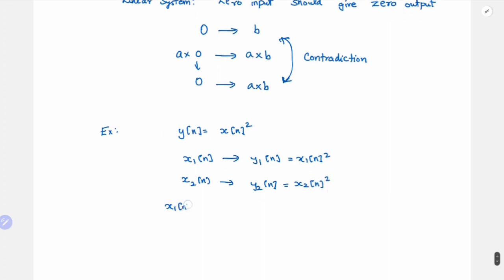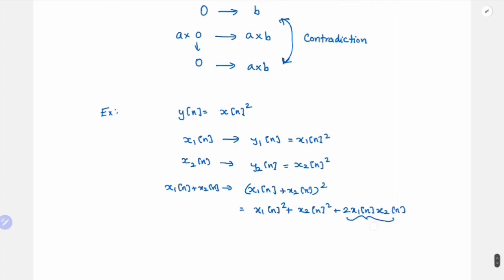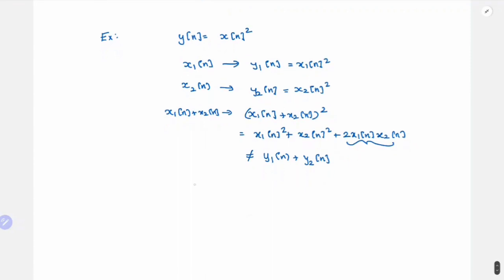So my x1 of n plus x2 of n gives me x1 of n plus x2 of n whole square, which is equal to x1 of n square plus x2 of n square plus 2 x1 of n into x2 of n. So because of these extra terms, this is clearly not equal to y1 of n plus y2 of n. So this is not linear. This is a non-linear system.